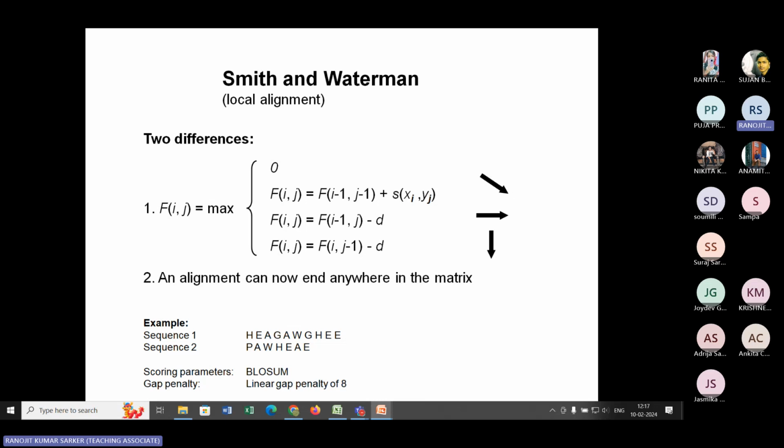Then Smith and Waterman thought about how we can retrieve these sequences which become mathematically dissimilar in Needleman's algorithm, but are biologically similar.